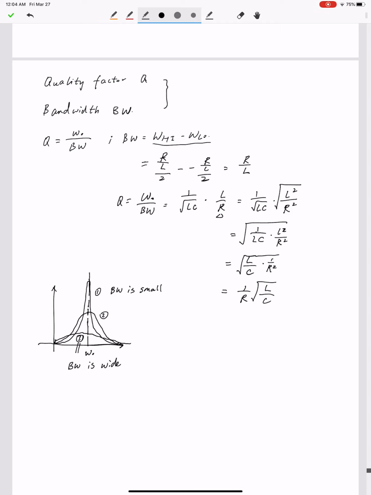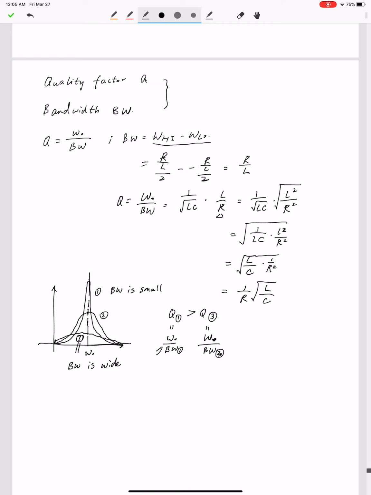And let's compare the first one and the third one. For the first one, the quality factor will be what? Will be larger than the quality factor of the third one, right? Because quality factor equals central frequency divided by bandwidth. And they have the same central frequency.